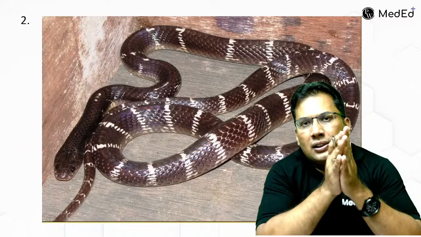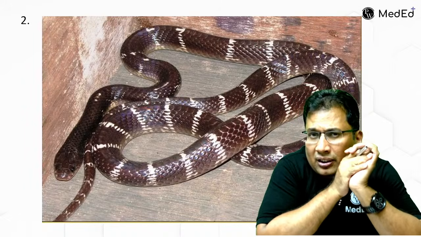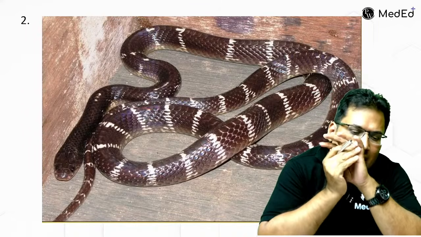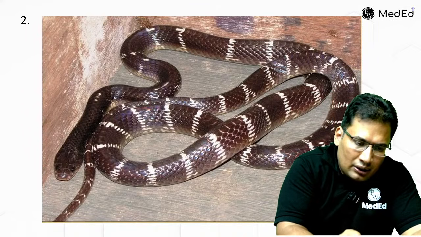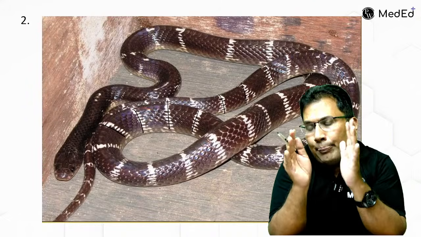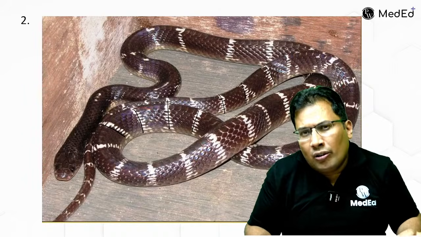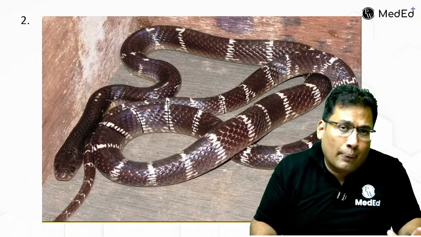Now here is a case of an organic irritant, a snake. The snake has transverse white lines, is steel black in color, very fatal, a very cunning snake like the cobra.